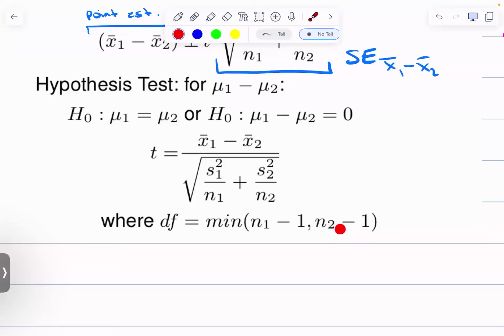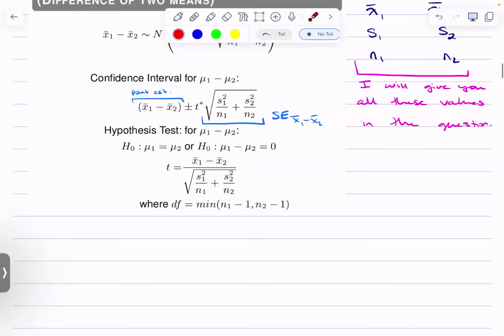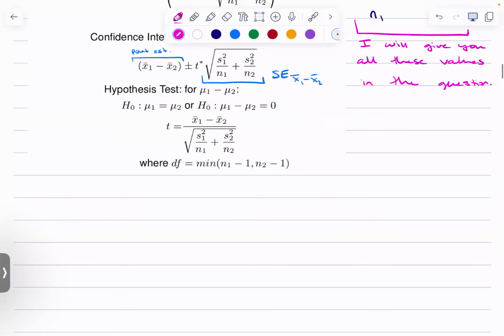If you're using software, it'll use a more complicated formula, but for us, this gives us a good approximation. It's good enough. What does this mean? The degrees of freedom is the minimum of 2 values. If I ask you, what's the minimum of 2 or 5? It would return 5. No, 2.